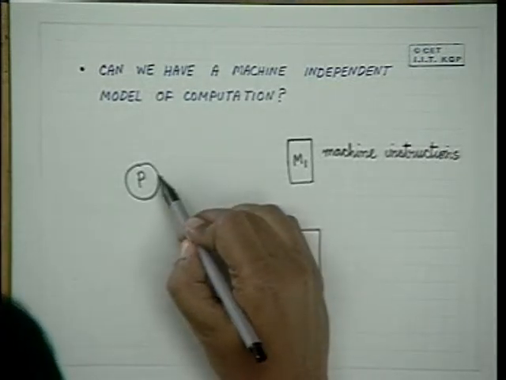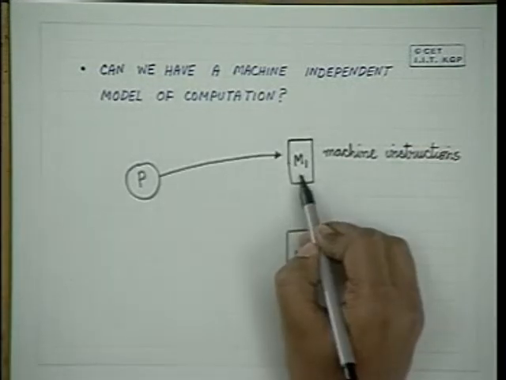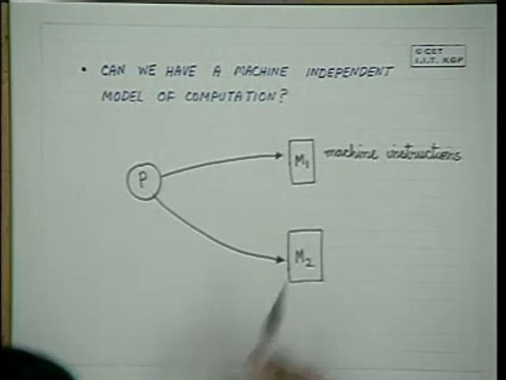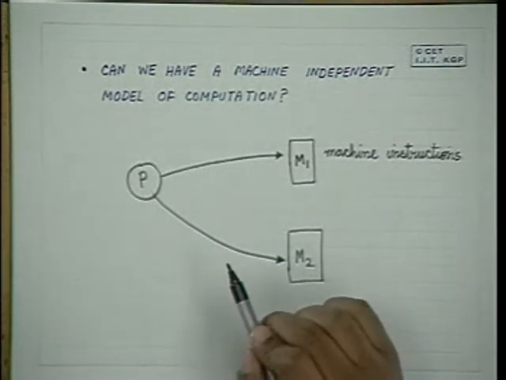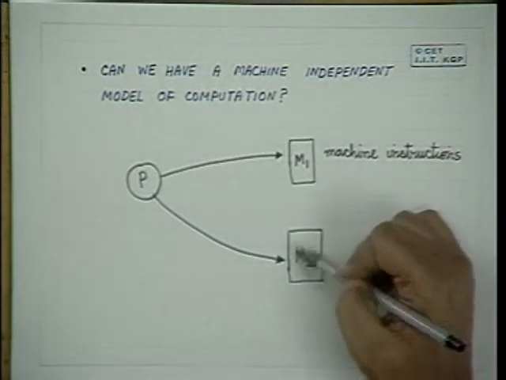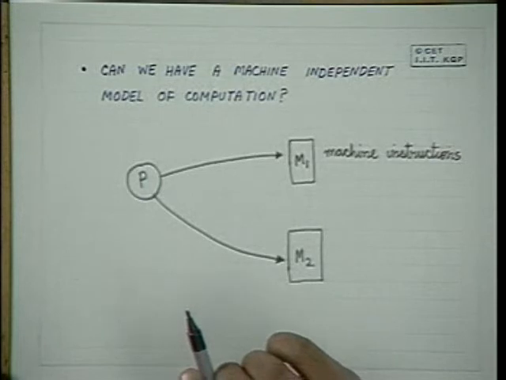The process of compilation will convert the program P into the machine instructions of M1 if we want to execute it in M1. It will convert it into the machine instructions of M2 if we want to measure in terms of M2. And then when it executes on this machine, we get our CPU time computation.